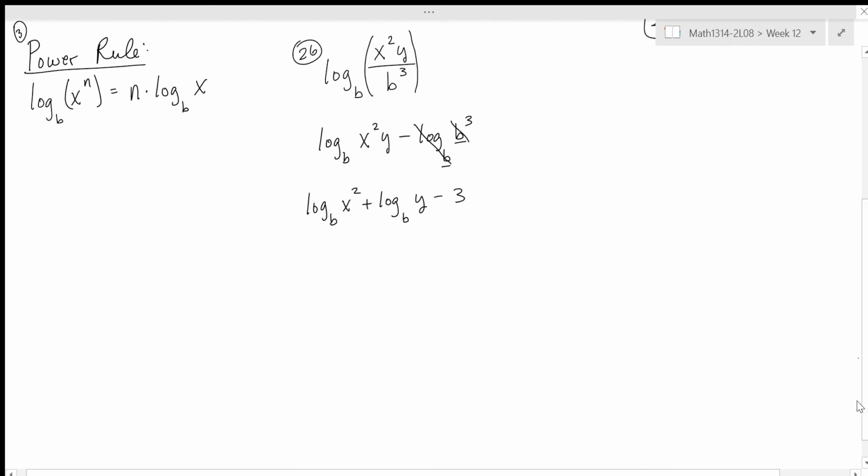So far, so good? And then I've got one more step and I'm done. Now the power rule. Where does the squared get to go? He comes down to the front. That's going to be 2 log base b x plus log base b y minus 3.